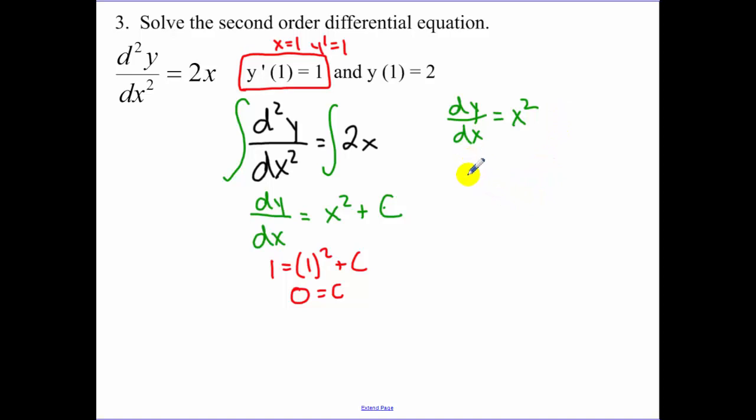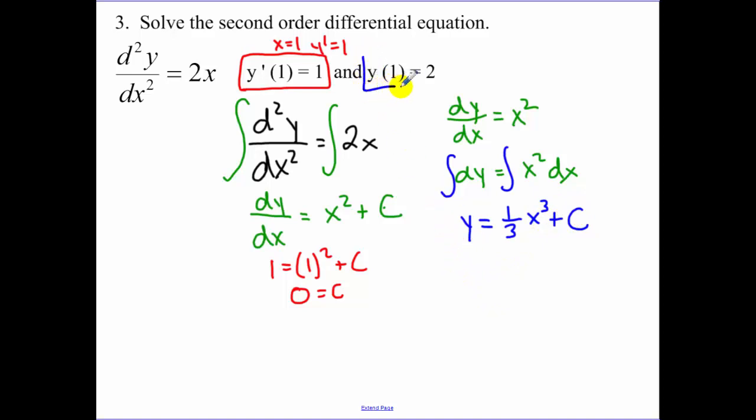Now what I'm going to do, I'm going to separate my variables. Now I'm going to take my integral, and we have y equals 1/3 x cubed plus c. Now I'm going to plug in my initial condition that's right here.